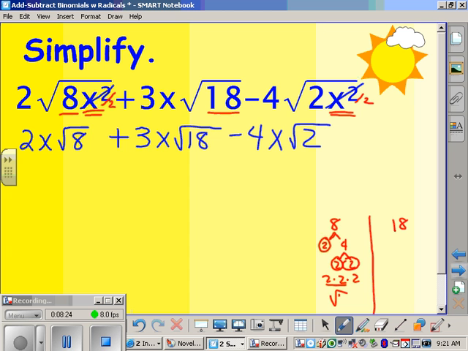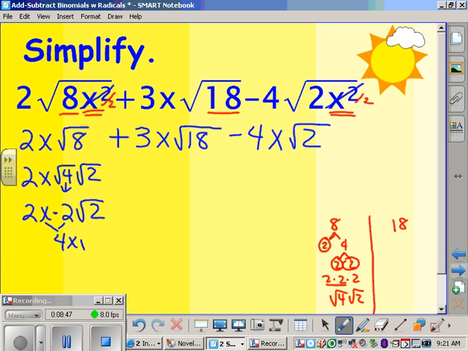So we've got radical 4, radical 2. So let's go ahead and write that. So we have 2x, and then the radical 8 breaks down into radical 4, radical 2. And this further breaks down, since the square root of 4 is 2, into 2 radical 2. Then from here, we can multiply the outside numbers, so we get 4x radical 2 for our first term.